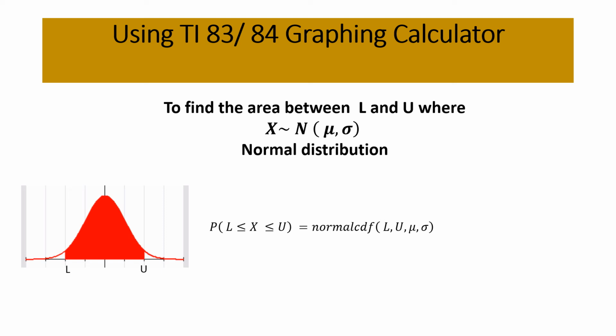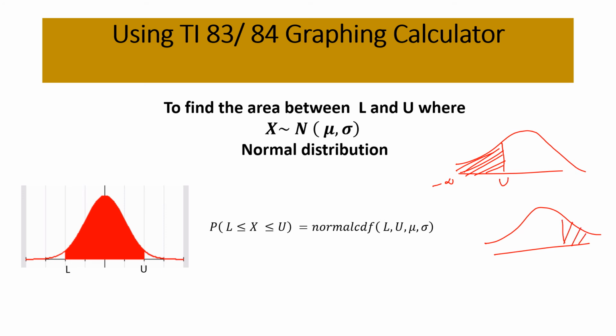Suppose you have a curve and you are trying to find the complete area lying to the left. Then the lower bound is negative infinity, and the upper bound is here. You can also have curves of this form. If I'm interested in this region, the lower bound is known and the upper bound is positive infinity.